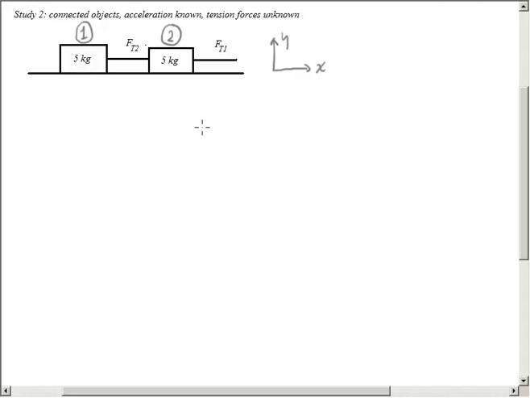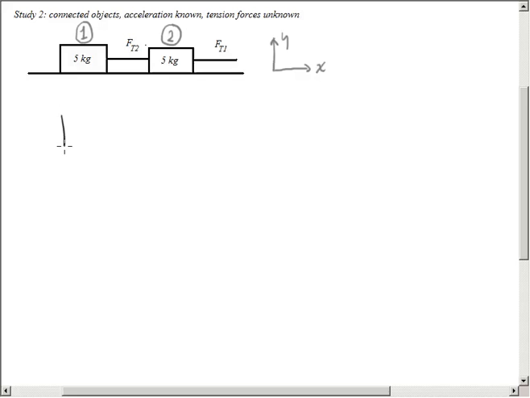The first question we ask is, what are the forces acting on object 1, and can we draw those forces? Take a minute and go ahead and for yourself draw the forces associated with object 1. Alright, so let's look at that. I draw object 1.